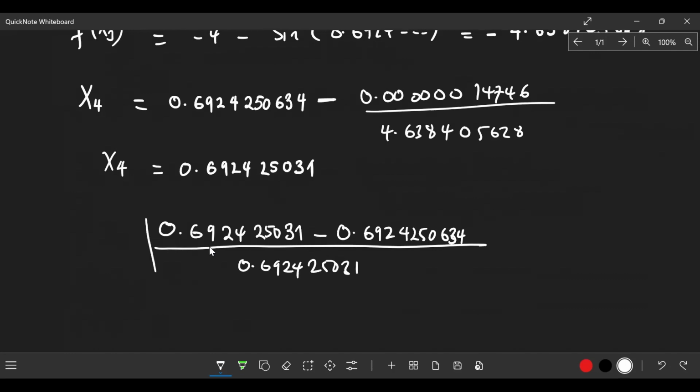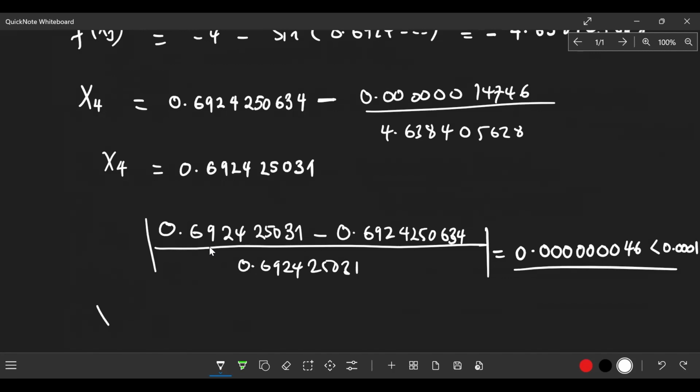So what are you getting now? It's 0.0000000, seven zeros, 9. Already, don't even waste time. This is very much less than 0.0001.